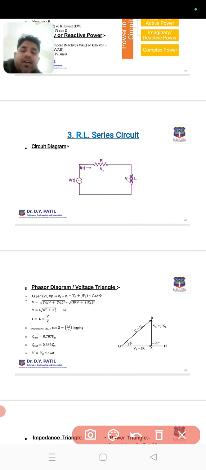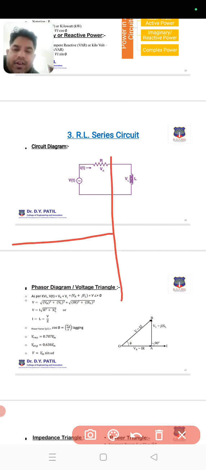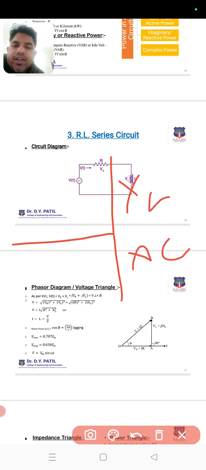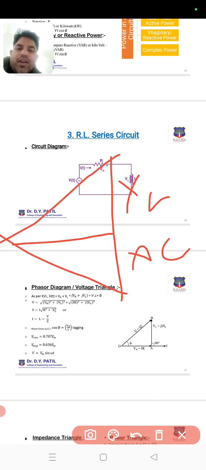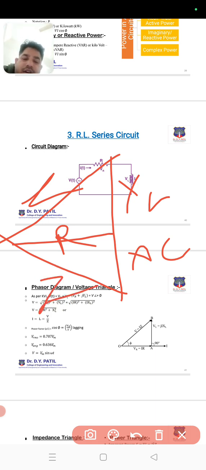In the lecture I also told that here we have to consider XL and XC, which together give Z.